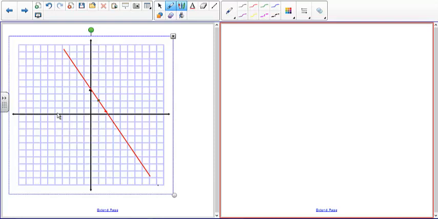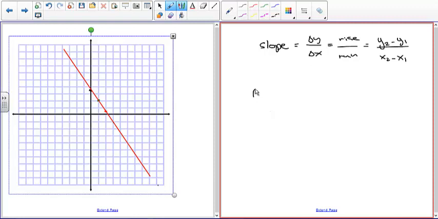The second problem says plot the points and find the slope. So that's pretty easy. Not even asking us to graph them. So remember that the slope is defined as delta y over delta x, rise over run. But in terms of coordinates, y2 minus y1 over x2 minus x1.